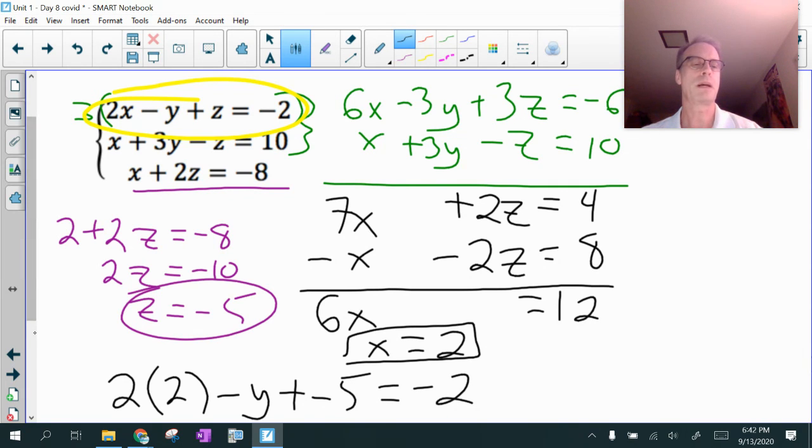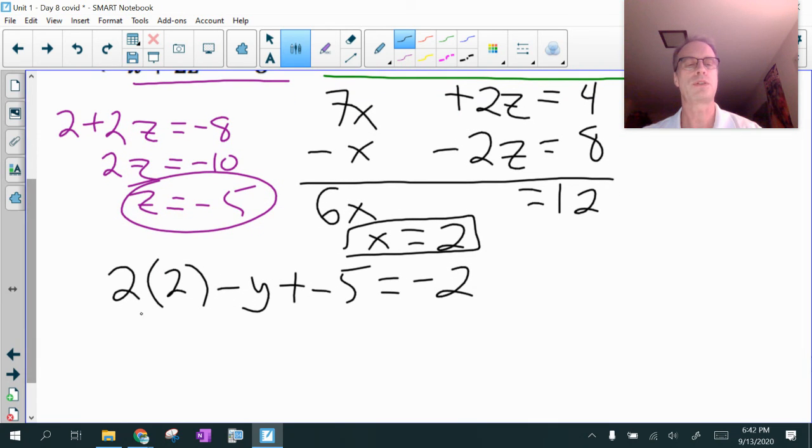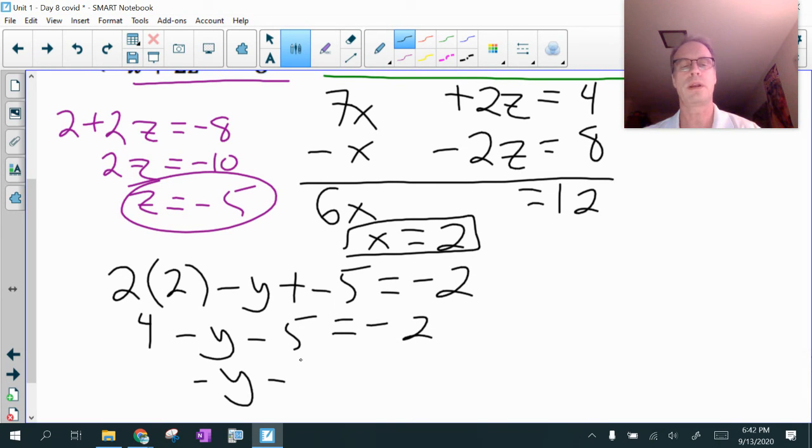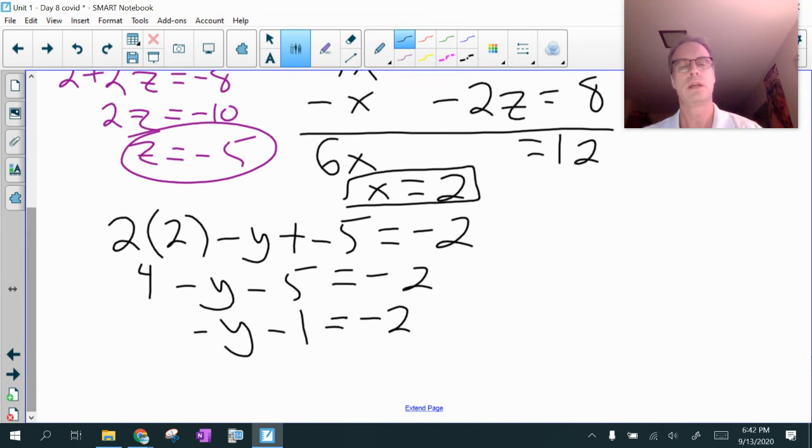All right, let's combine stuff together. 2 times 2 is 4, minus y, minus 5 equals negative 2. 4 minus 5 is negative 1, and now I just need to add 1 to both sides. So that's going to get me negative y equals negative 1. So therefore y equals 1.